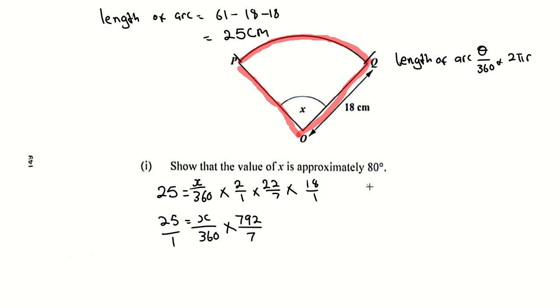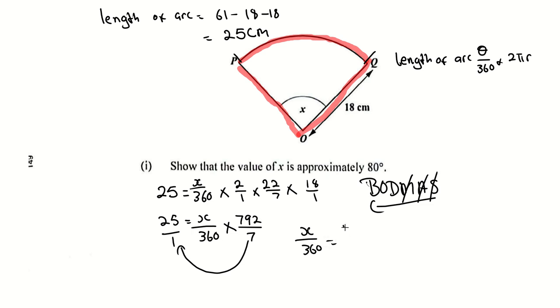Now anytime you're making something the subject, we go backwards from BODMAS. You go in this direction. Is there subtraction? No. Is there addition? No. Is there multiplication? Yes. So you're going to carry this across. When you carry something over the equal sign, it's opposite. So we have x over 360 would be 25 over 1 divided by 792 over 7.